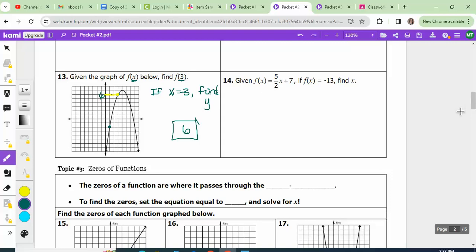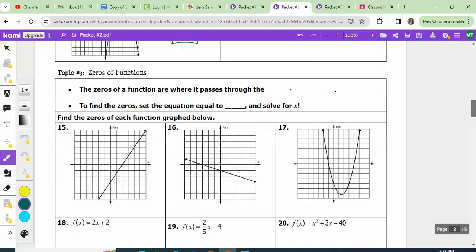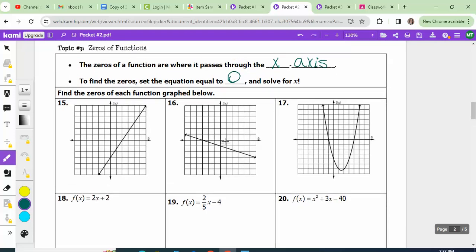Zeros. We've been doing this with some of our quadratic stuff. Zeros we know are where the graph passes the x-axis. We did this on our last test. To find them, we set it equal to 0 and solve. So we can get them from a graph or from an equation. If I said number 16, it's not a quadratic, but the zero is just where it hits the x-axis.